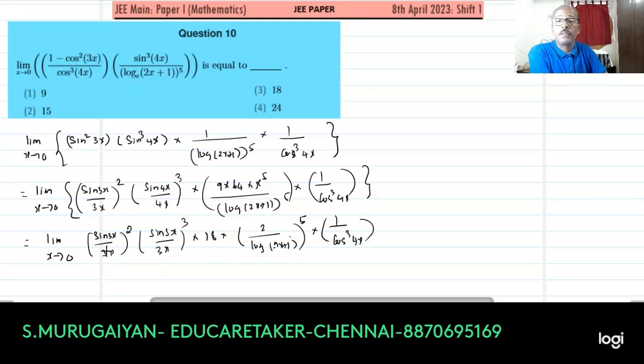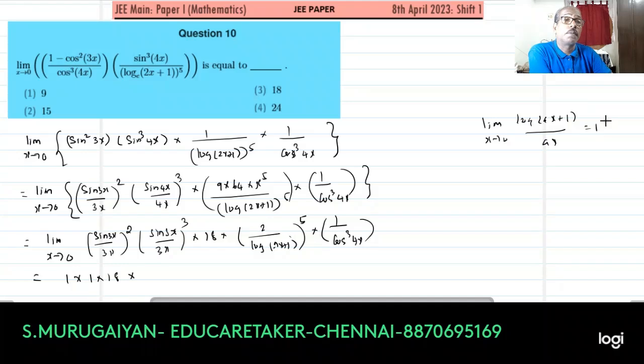If we take limit factor wise, the limit of the first factor is 1 square, limit of the second factor is 1 cube into 18. The limit of this is the reciprocal of limit x approaches 0, log of ax plus 1 by ax is equal to 1, or log of ax plus 1 by x alone is equal to a.